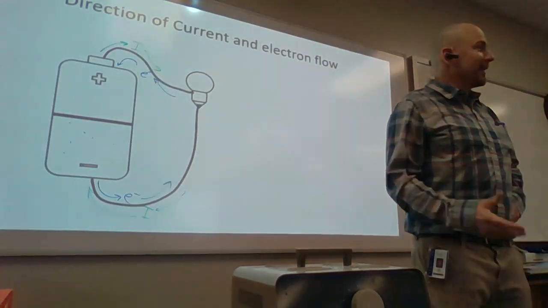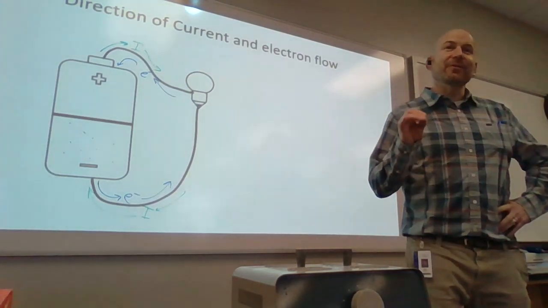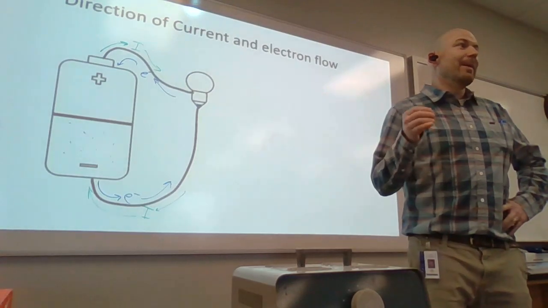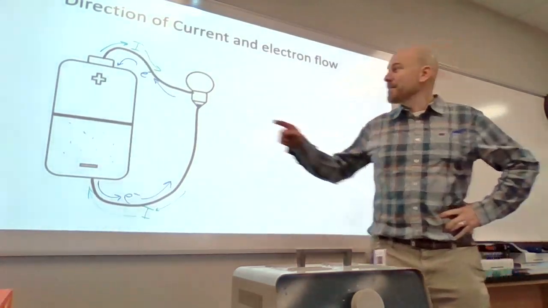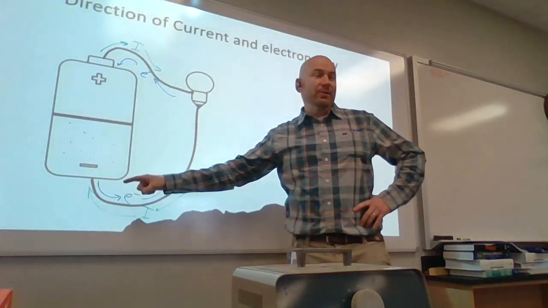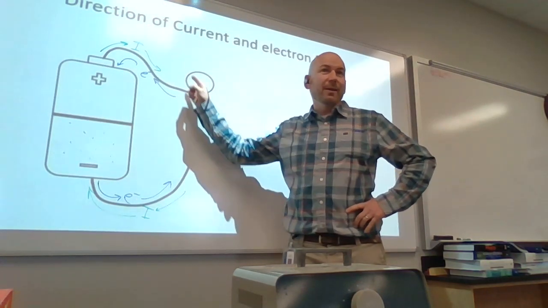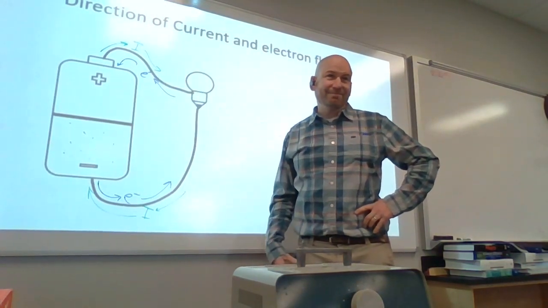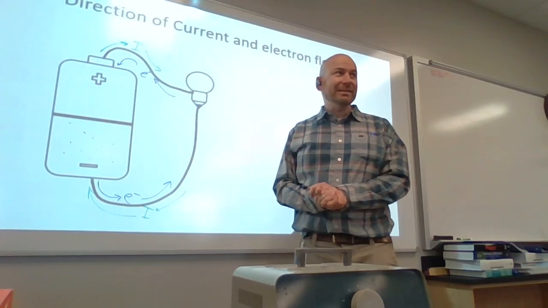So here's where I'm landing. Recognize that there's nothing flowing in the direction of current. But if I ask what is the direction of current, you're going to tell me out of positive into negative. If I ask you what is the direction of electron flow, you're going to tell me out of negative into positive. Okay, that's just the world we live in.